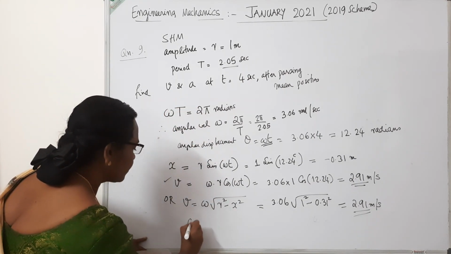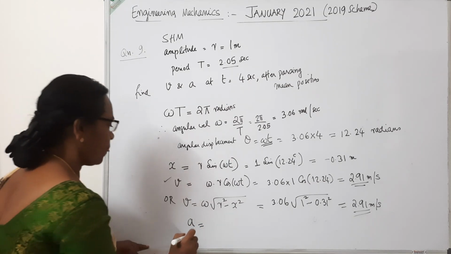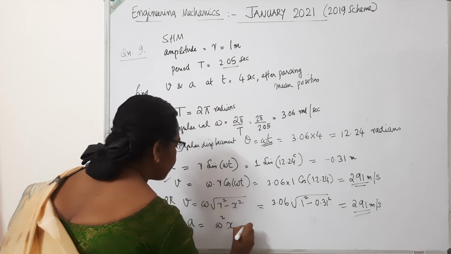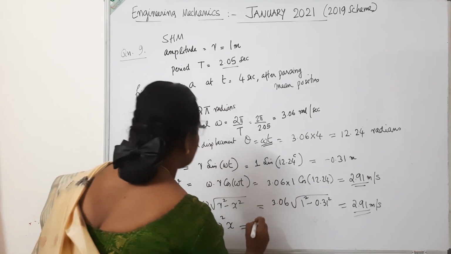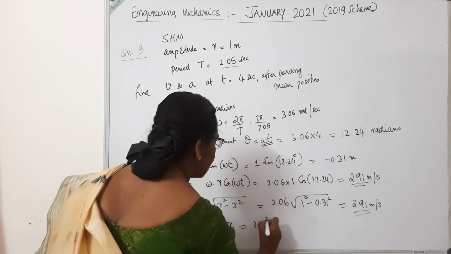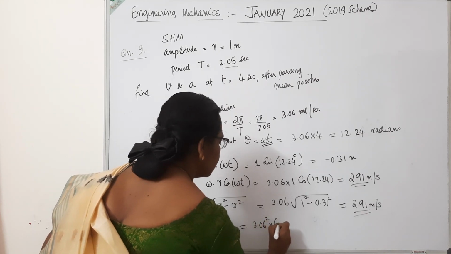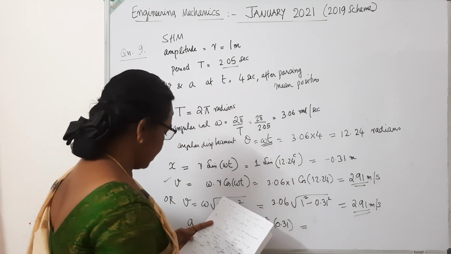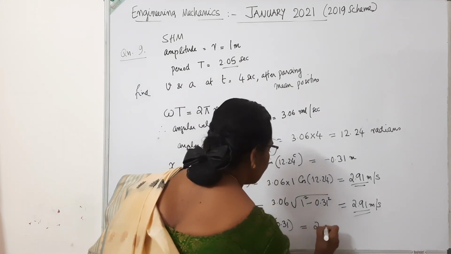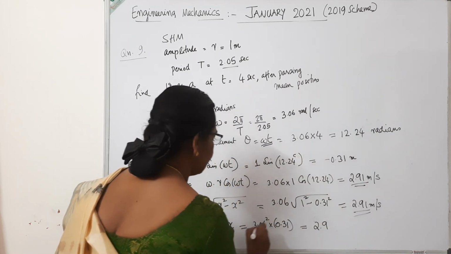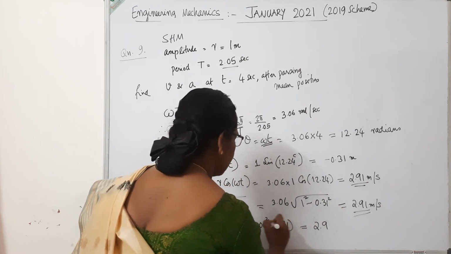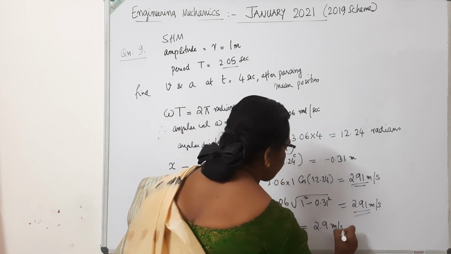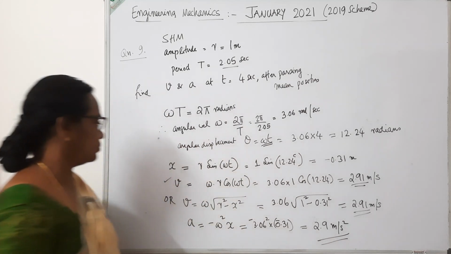Next is acceleration. Acceleration is equal to minus omega square x. So omega square x is 3.06 square into 0.31, which is 2.9. It's minus omega square x, so this will become positive, minus of minus 2.9 meter per second square.